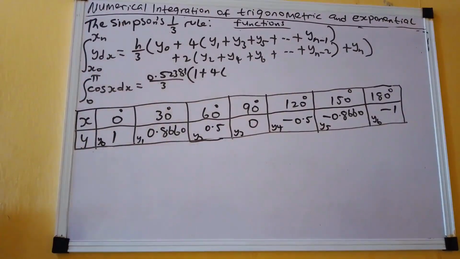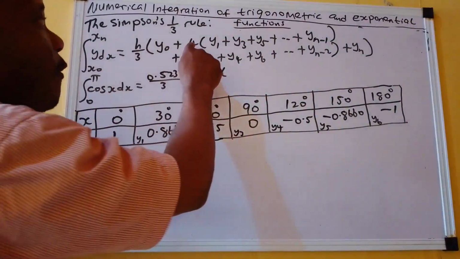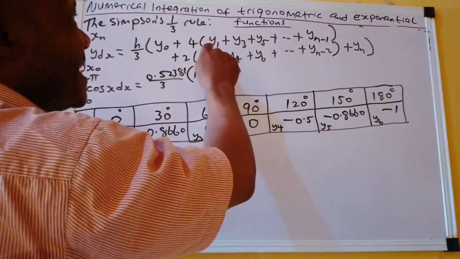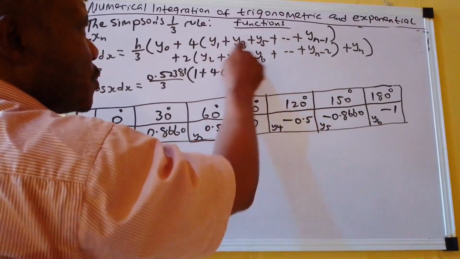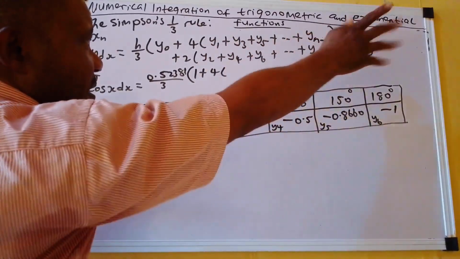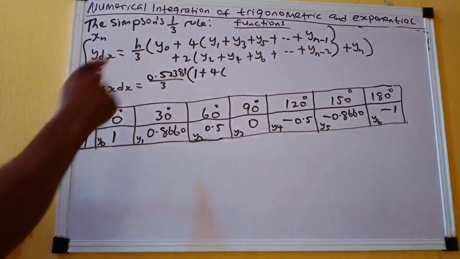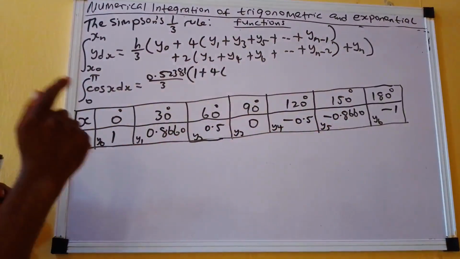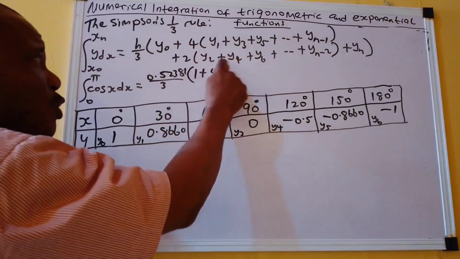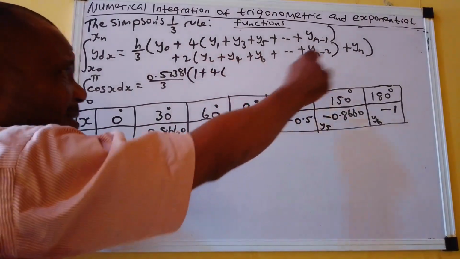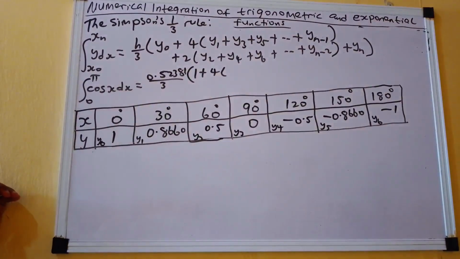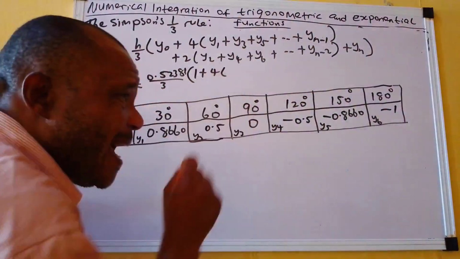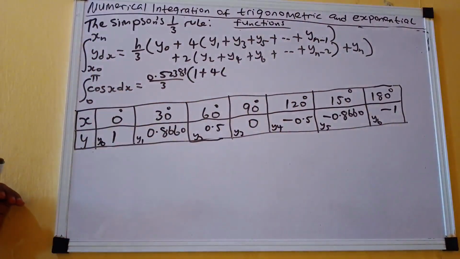For the Simpson's 1/3 rule, you can see 4 multiplying the sum of the values of y in the odd positions, y1, y3, y5, down to yn minus 1. And you can see 2 multiplying the sum of the values of y in the even positions, y2, y4, y6, down to the second to the last. But the y0 and the yn are reserved. They are not part of it.